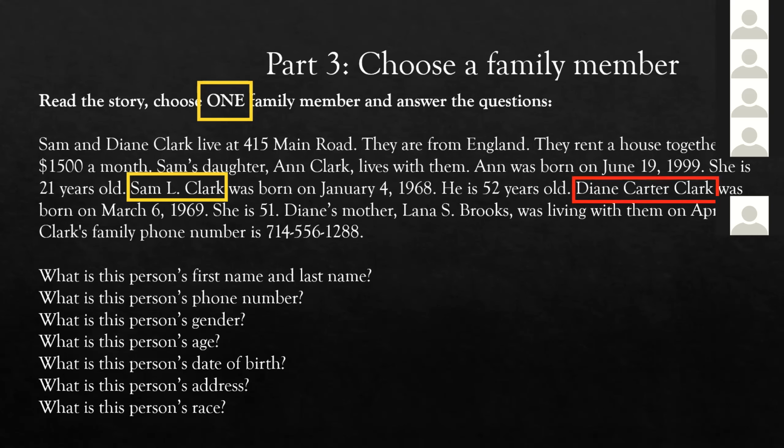Or you can choose Anne. You can choose three people, right? You just have to choose one person. You can choose Anne. You can choose Sam. You can choose Diane.